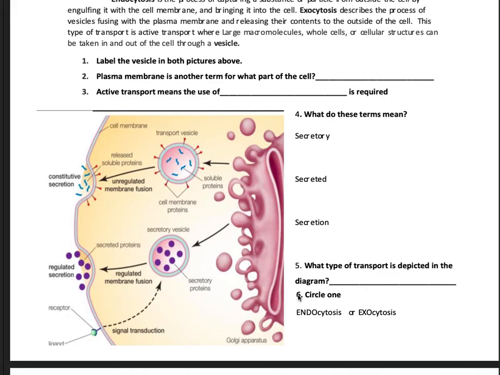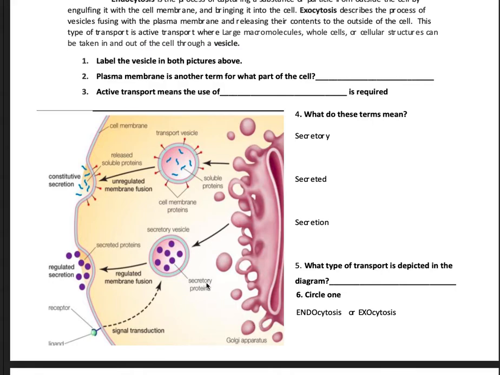The Golgi apparatus makes vesicles for various reasons. One reason the Golgi apparatus would make a vesicle is when proteins are folded and made, and they're sent to the Golgi apparatus. The Golgi apparatus is going to package that protein in such a way so that the cell can use it.